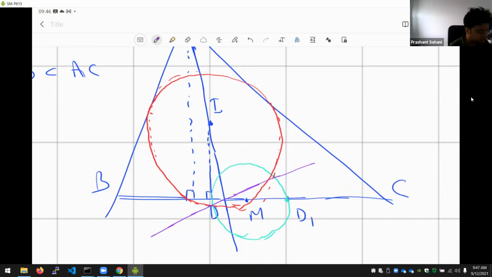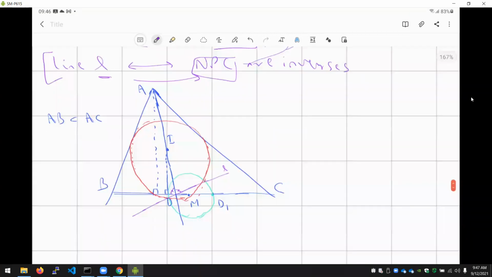Okay, so I've just constructed this line so that these two angles are equal. So then this line L is the other common tangent, the transverse common tangent between I and I1. Does that make sense? Yes.